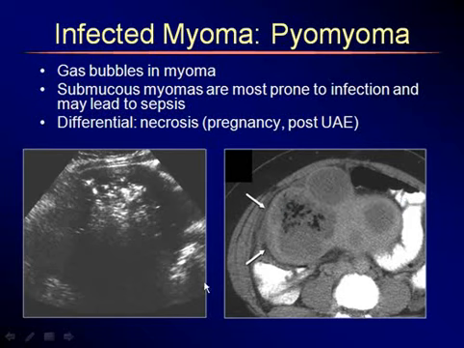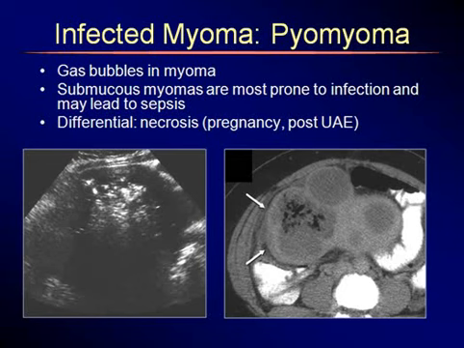You can confirm this with a CT scan showing these gas bubbles. The way the bacteria get in is usually through a submucous myoma that's prone to infection. This, if not treated, can lead to sepsis and can become an extremely difficult situation to treat.